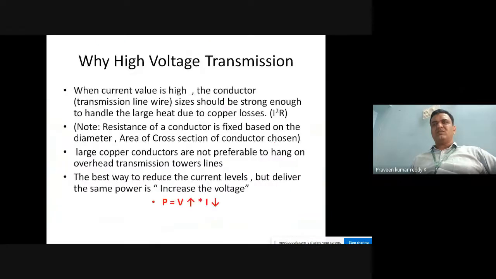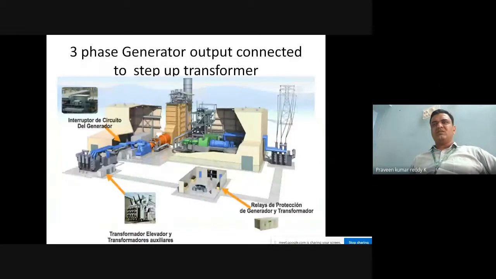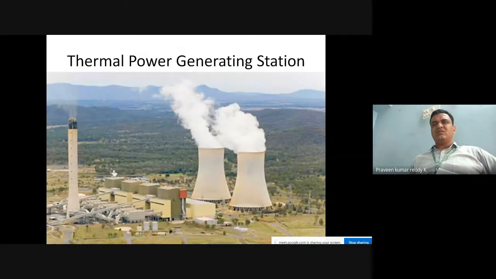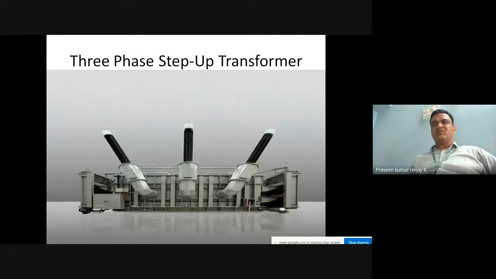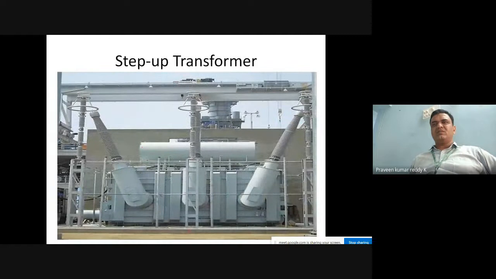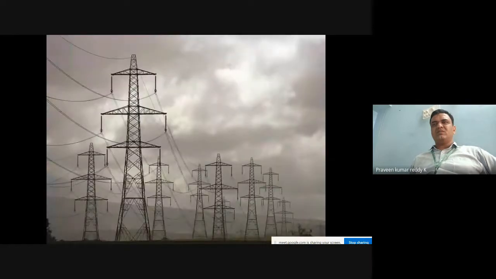If we see a simple thermal power plant, you have generators inside. Beside that, we have a big step up transformer which is stepping up the voltage and taking the current through the transmission line and going to the cities. So we have very costly equipments installed for generation and transmission of power, like solar plants, big transformers, that is step up transformers, and overhead transmission lines.